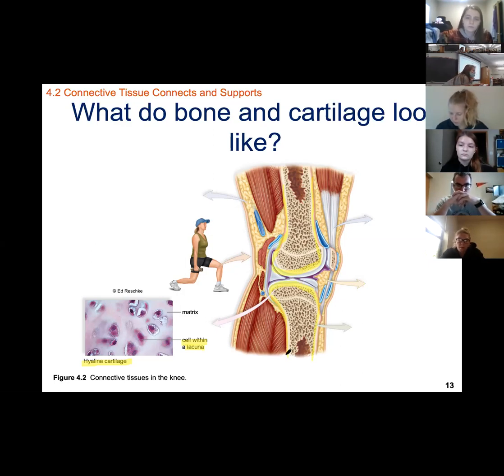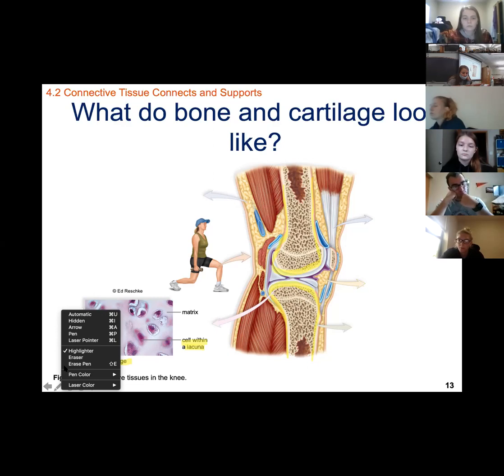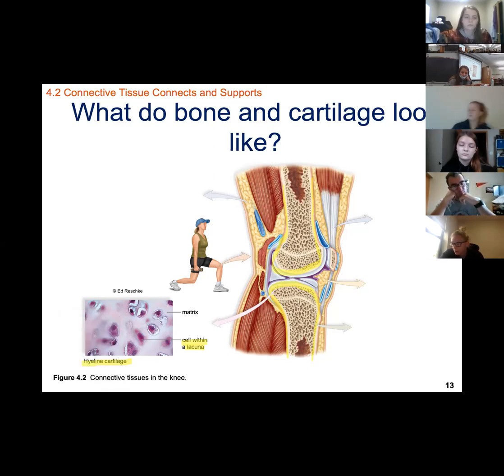This part of the bone down here is going to start to be more of that compact, and then up here is going to be more of that spongy. This is going to be more of that spongy right here. Here's where we go to be more of that compact. So we have spongy and compact.